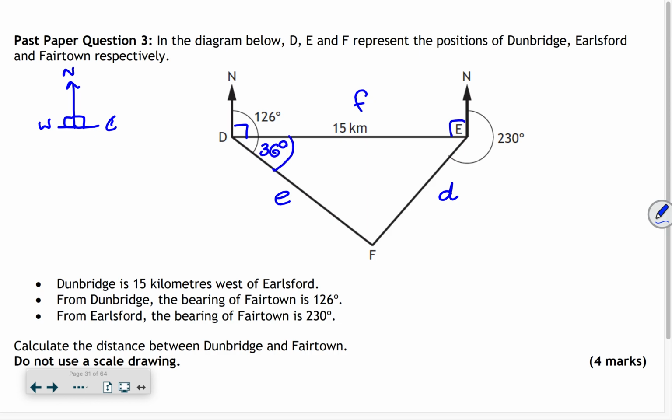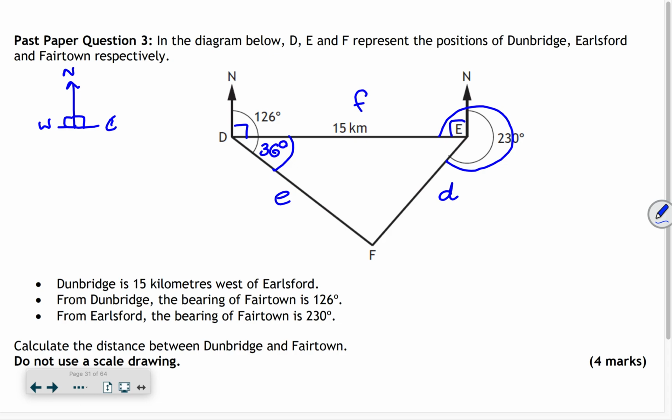Okay? And the second bearing, if the bearing is 230 degrees and I know 90 of the full turn, the full angle altogether going from here all the way round is going to be 90 plus 230, which gives me 320.